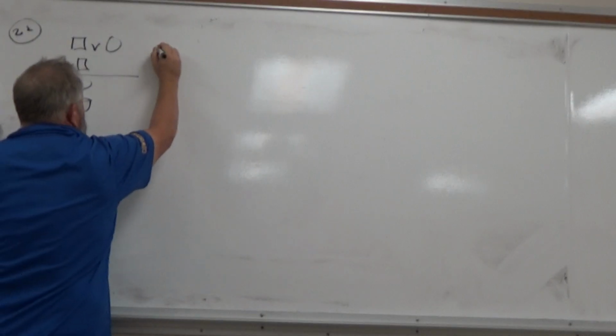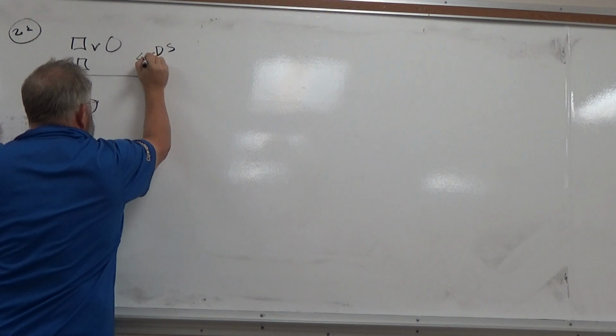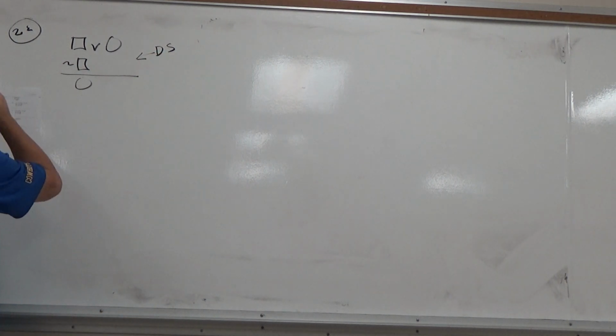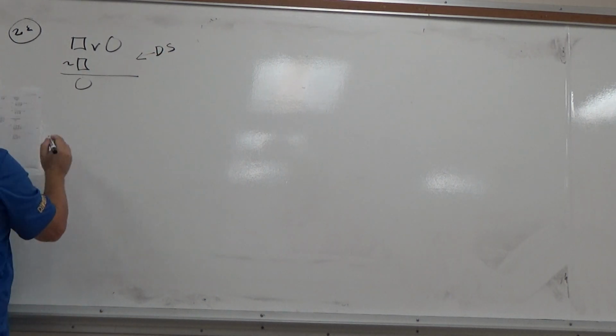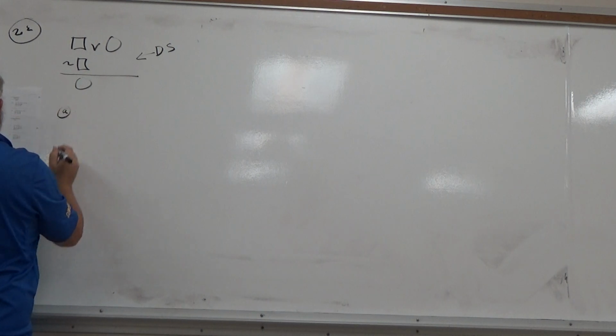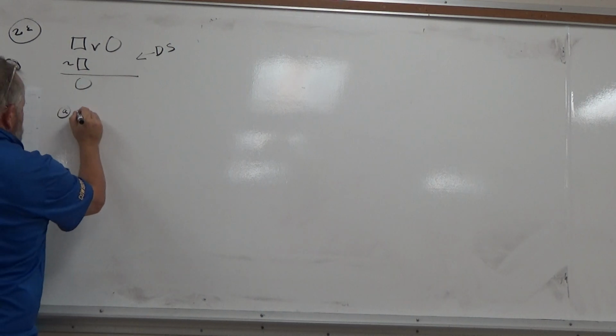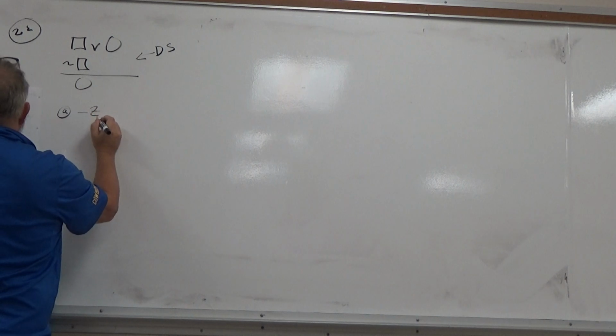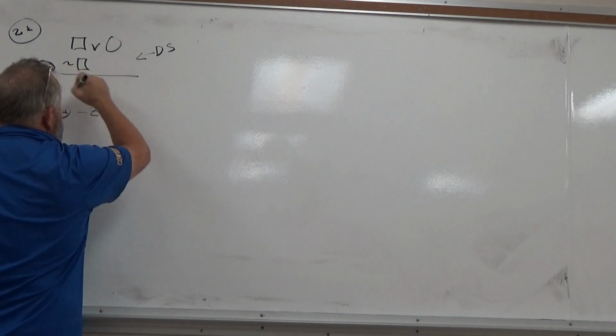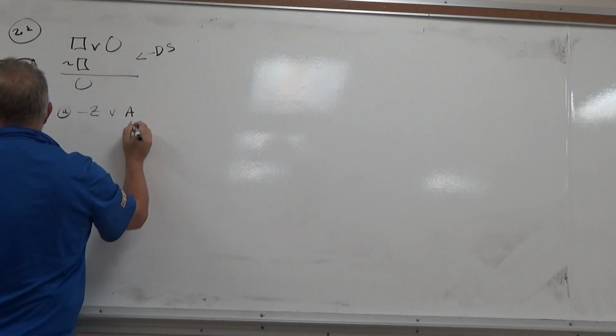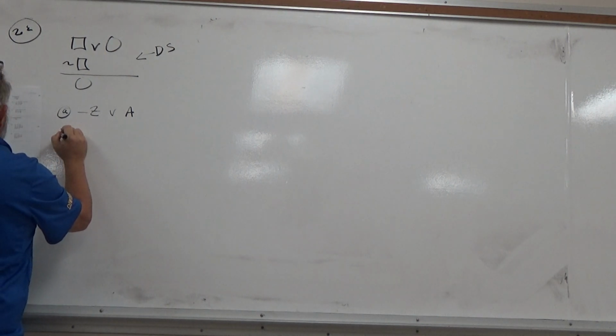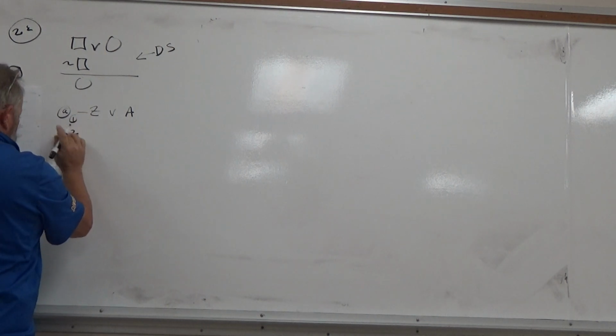This argument form is known as disjunctive syllogism. It's logically valid. And then what we have are a number of instances of specific arguments, and we want to know if they are instances of this argument form. Okay, so let's take a look.